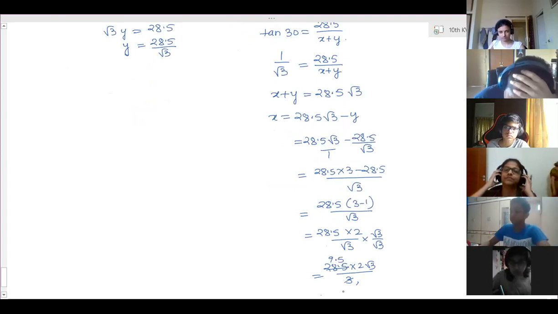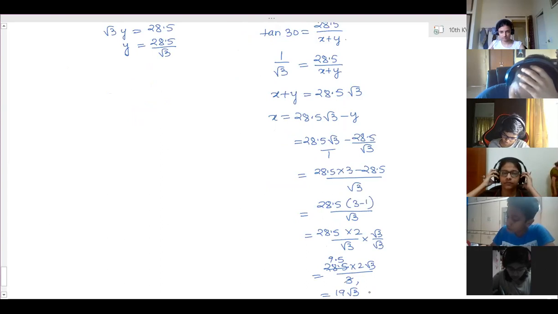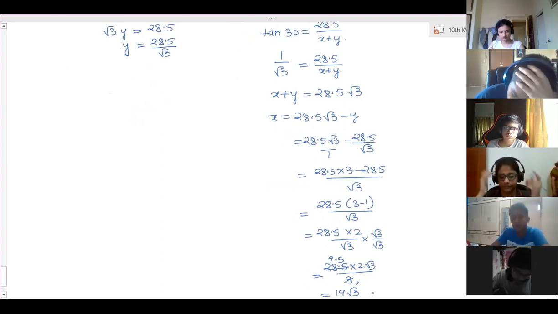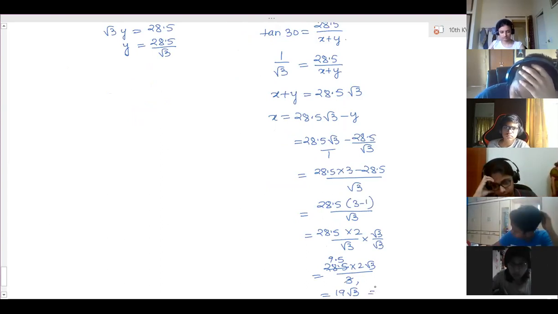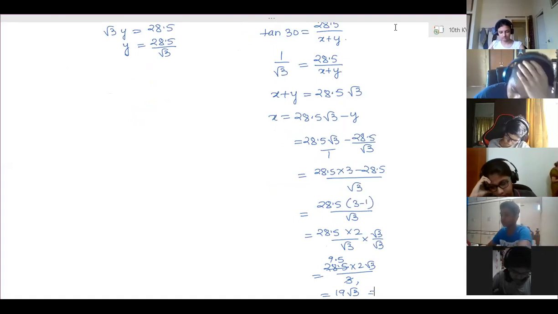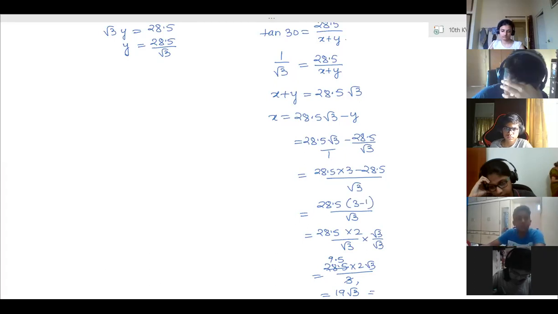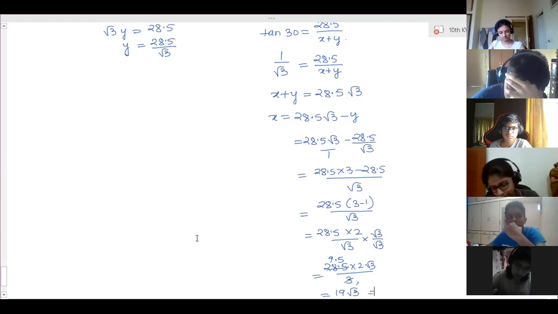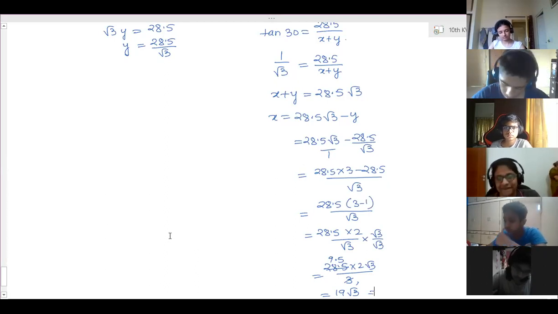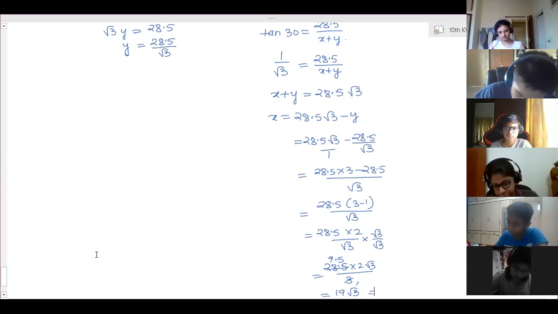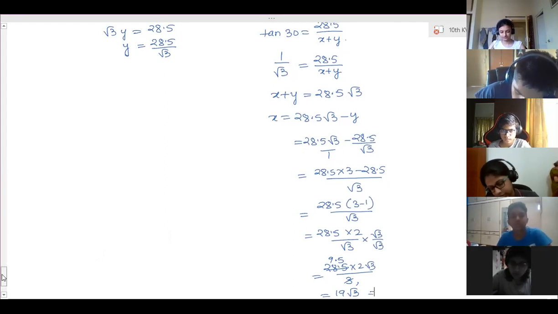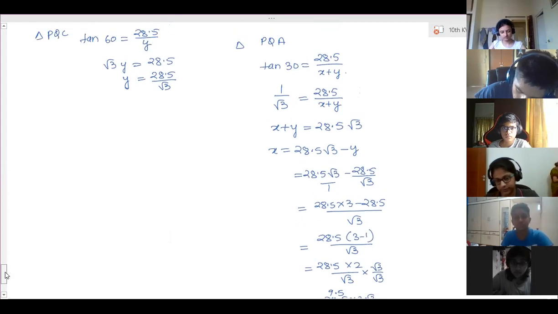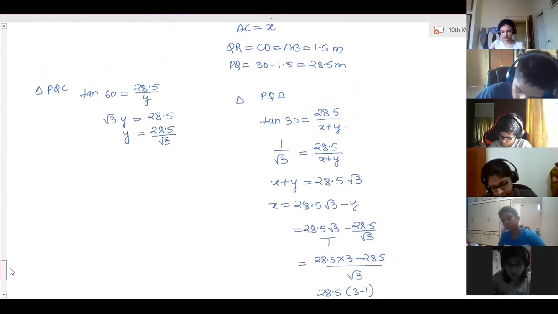That gives 9.5 into 19 root 3. Substitute the value of root 3, 1.73, and find the final answer. Is it clear? Yes, ma'am. Do the simplification properly.